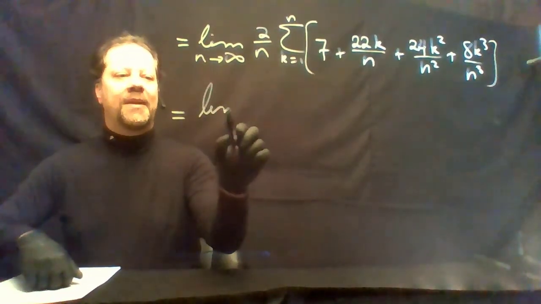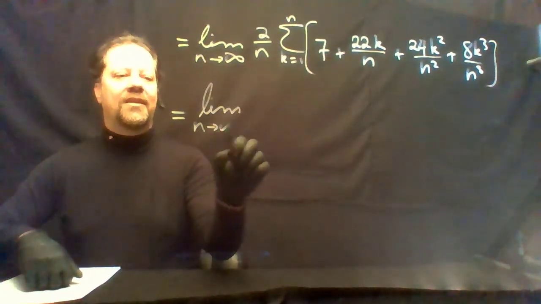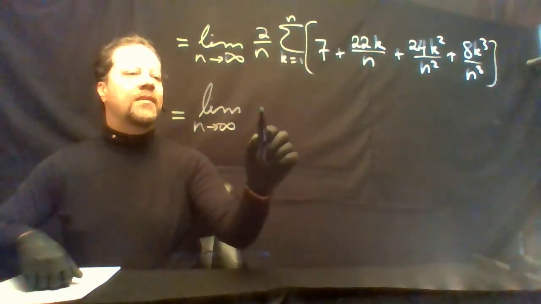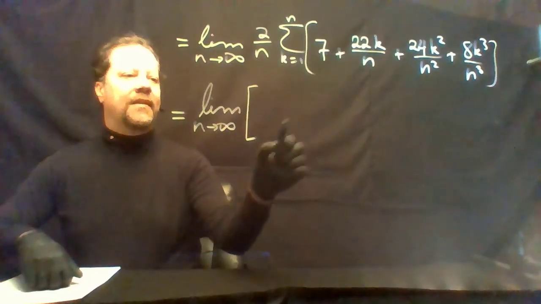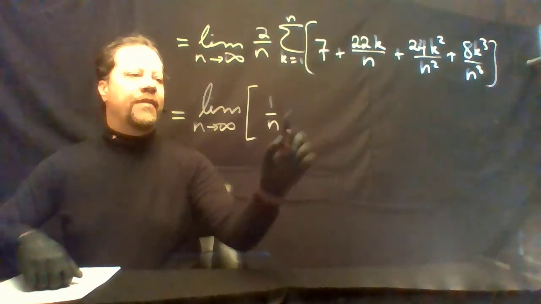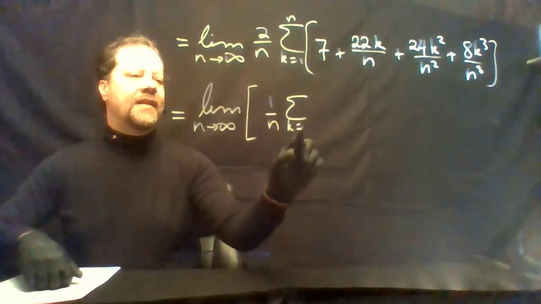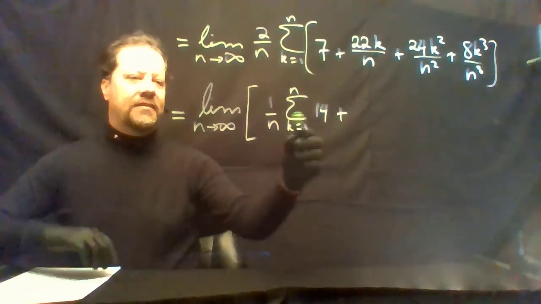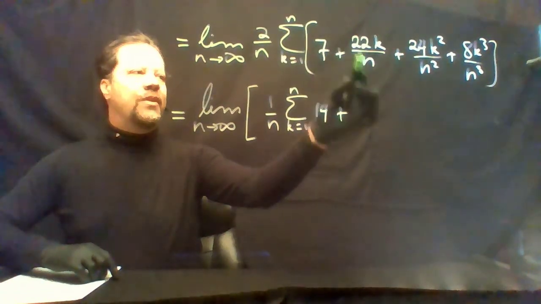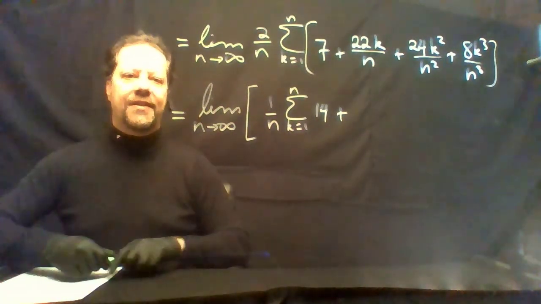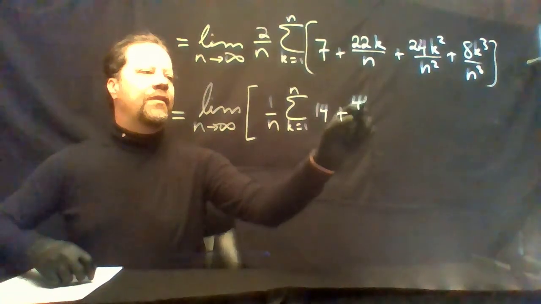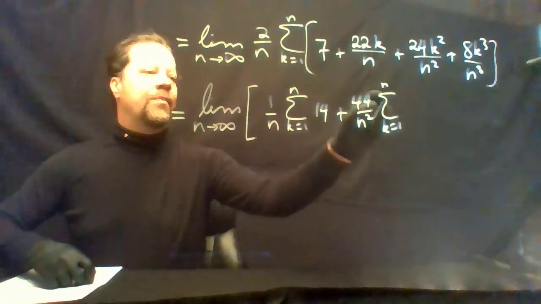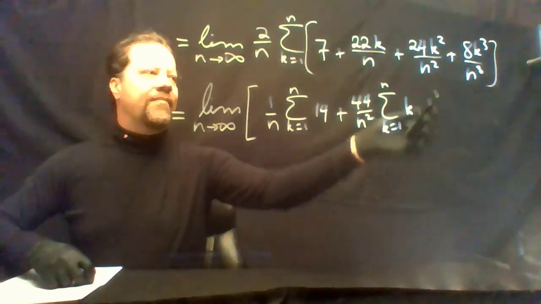Simplifying, we have the limit as n goes to infinity. We'll write this as follows: bracket, 1/n, the sum as k goes from 1 to n of 14. On the next term, we can bring the 22/n out of the sum. That'll give us 44/n^2 times the sum as k goes from 1 to n of k.